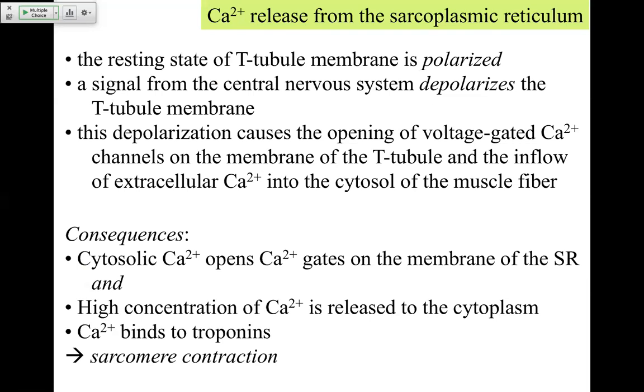The motor neuron interacts with the membrane of the muscle cell, depolarizing the plasma membrane, which therefore depolarizes the T tubules since they're continuous with each other. And then we're going to look at what happens when a T tubule membrane is depolarized. That's going to result in opening of a voltage-gated calcium ion channel, which will activate something even more internal to that. So let's start from the beginning and then follow through what's going to result in sarcomere contraction.